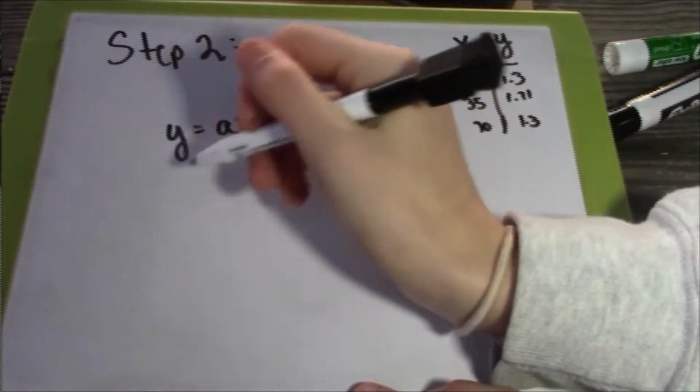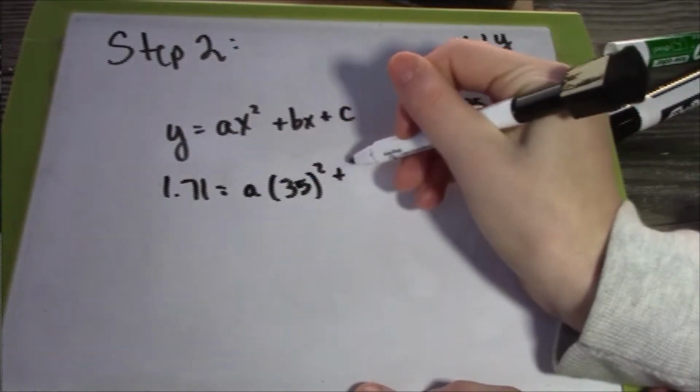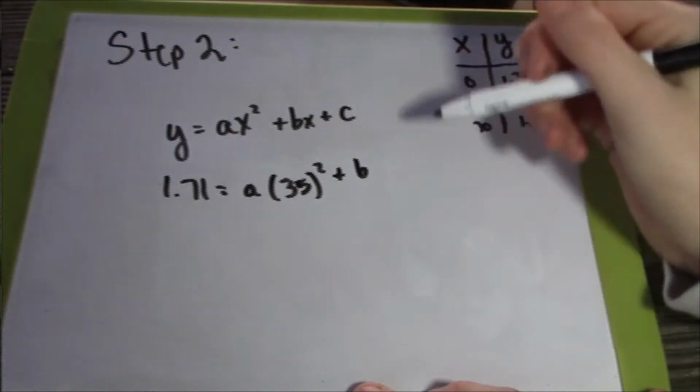Next, plug in the next pair of coordinates, 35, 1.71, and plug in c and simplify.